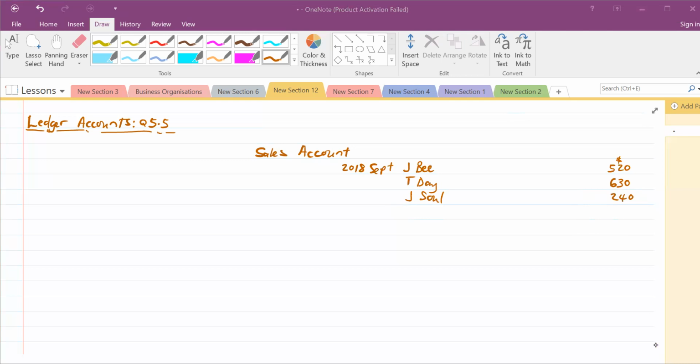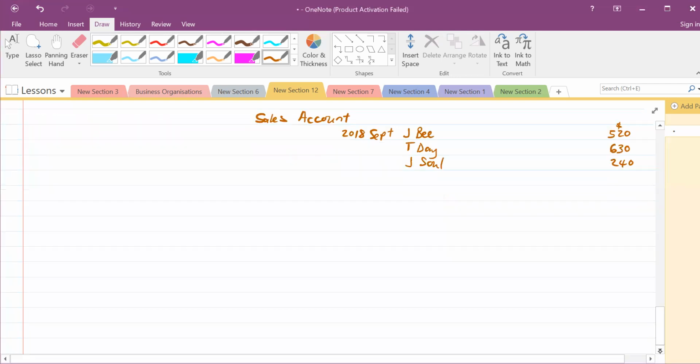Now to complete the double entry, we have to record in the personal accounts of those individuals, and these ones are clients, customers, which means they are debtors because we sold to them on credit. Remember, 3 accounts at the most on one page.